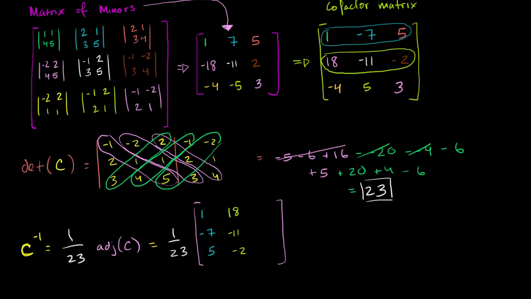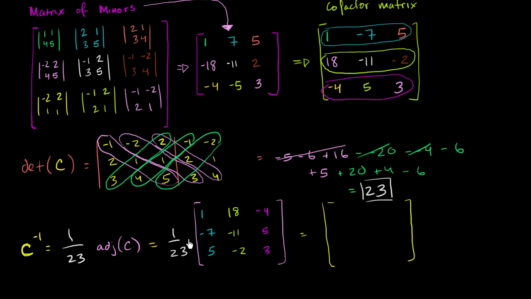And then finally, the third row becomes the third column. You have -4, 5, and 3. And now we just have to multiply, or we could say divide each of these by 23, and we are there. So this is the inverse of our original matrix C, home stretch.